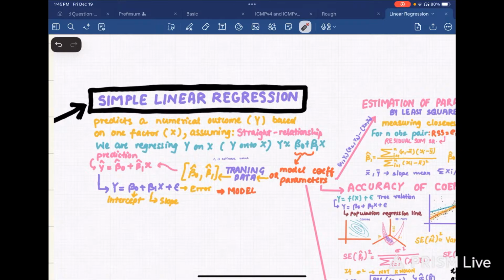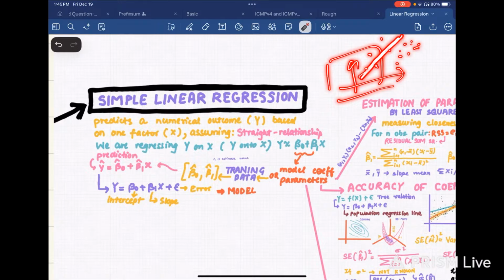So it basically means that you are giving yourself a line where you should be able to predict something based on the data points you already know, or outcomes you already know, and this line is the only way you can do it.